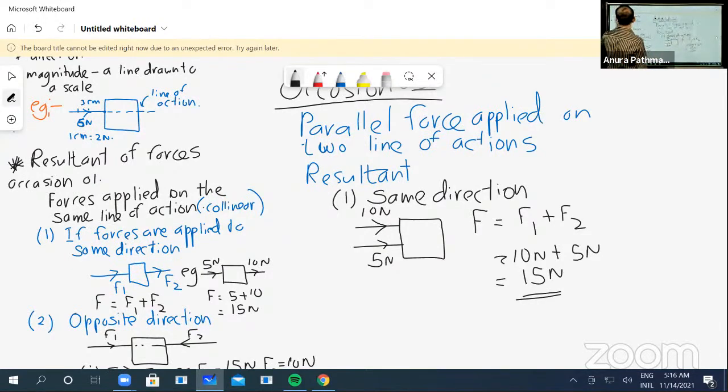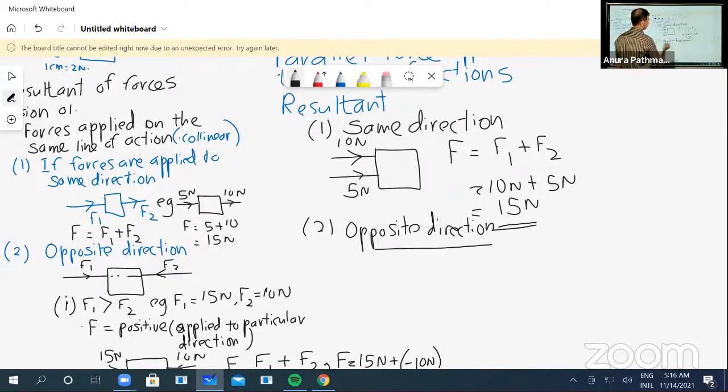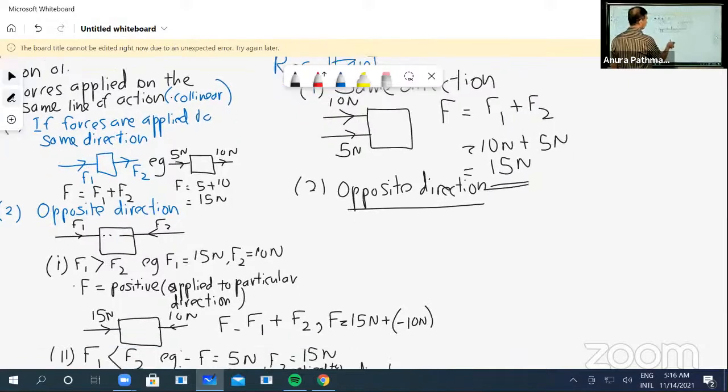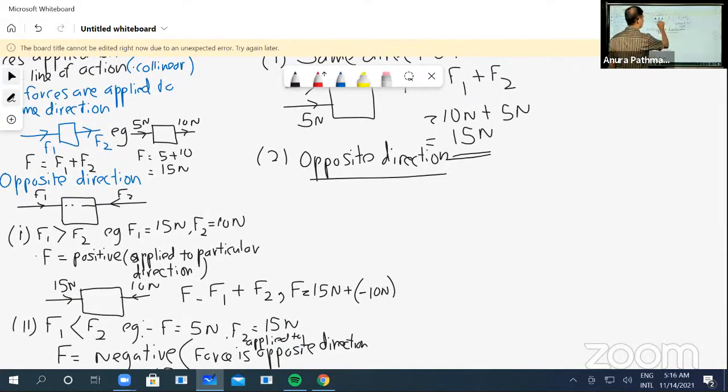And we'll go to the opposite direction. Second, opposite direction. How does the opposite direction affect it? It comes like this. They are parallel.